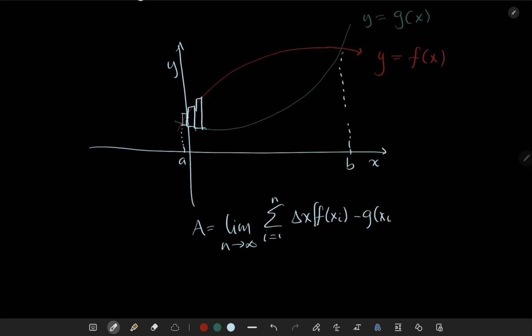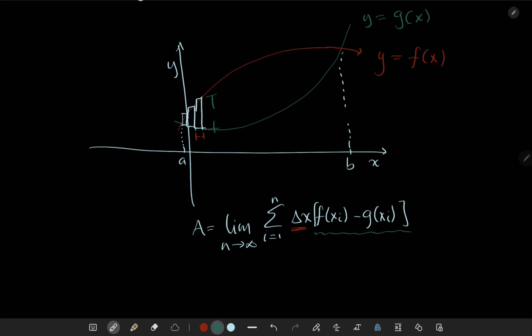And so what does that represent? This is going to be my width. It's going to be the width of each rectangle. That's going to be our delta x. And then this difference is going to represent our height, the f of xi minus g of xi.